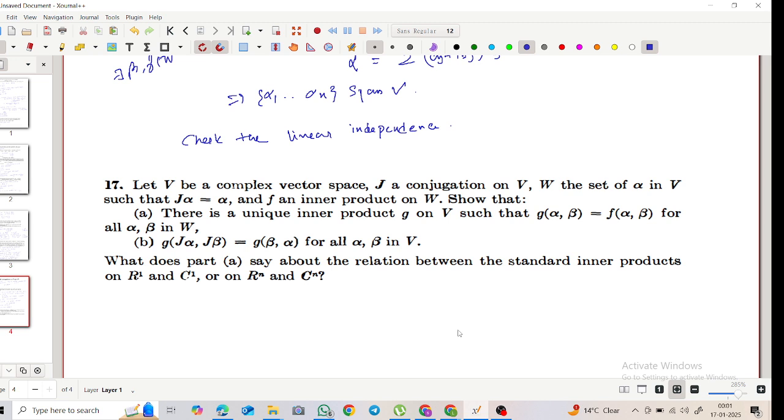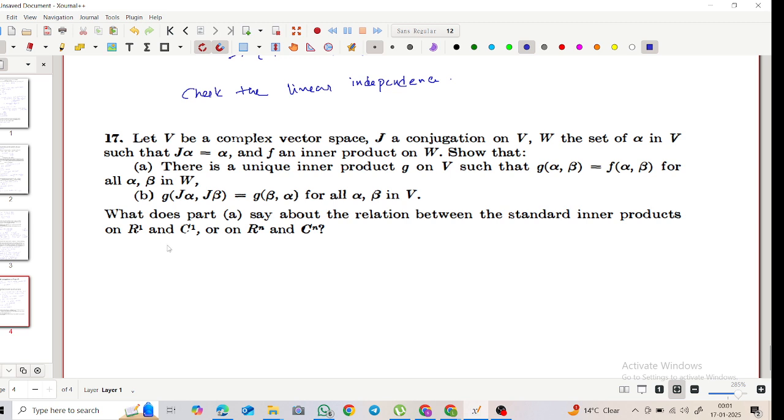So see, okay, I will show you the trick. In C, what do you do? Suppose a plus ib, c plus id. What does it turn out to be? a inner product c, these are real inner products, on real, plus.